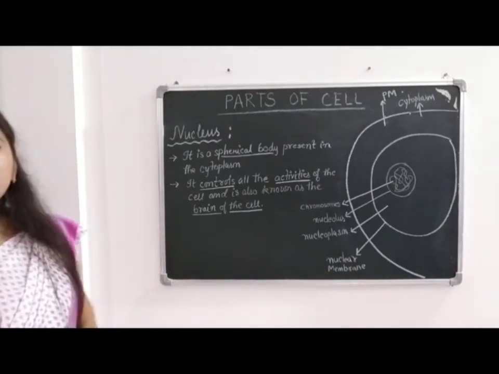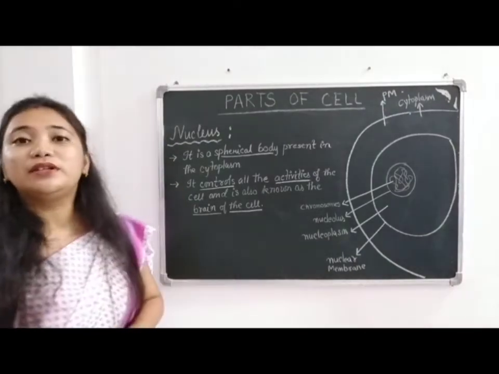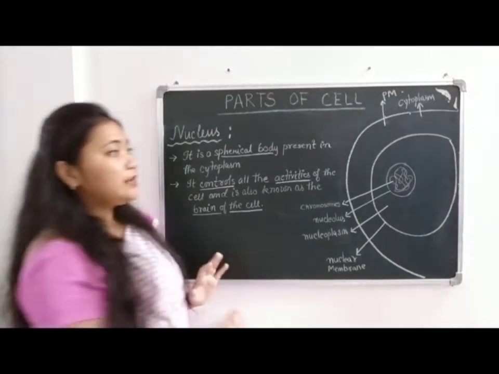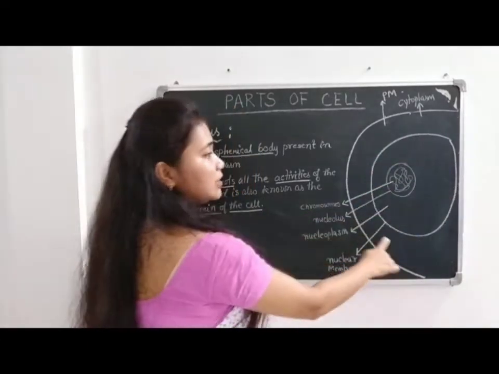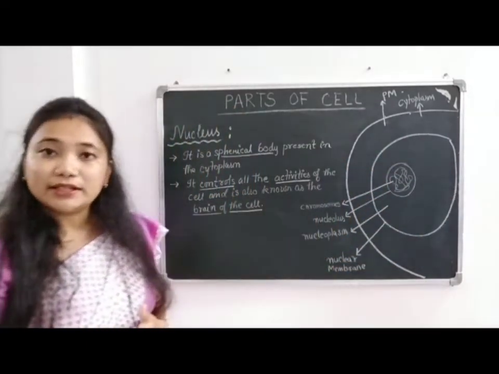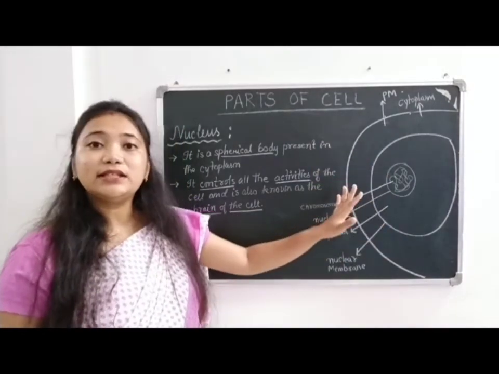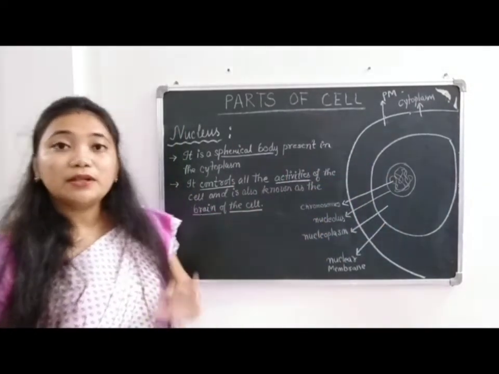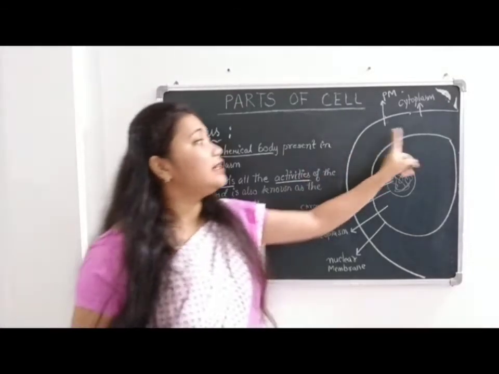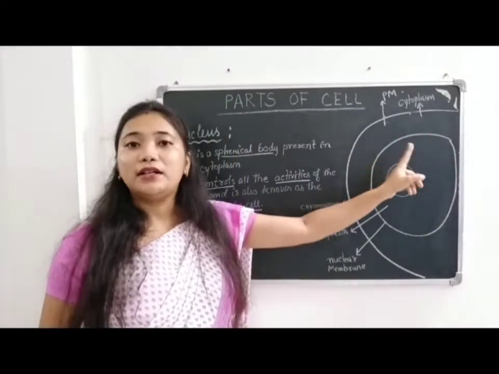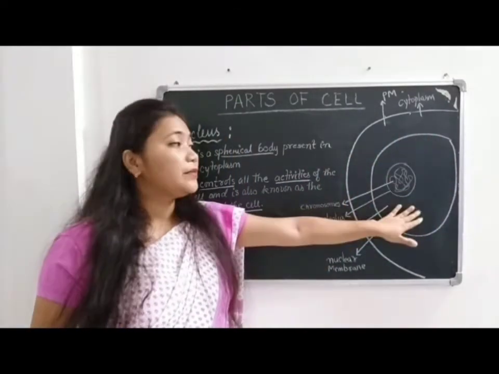So now let's come to the structure of the nucleus. Here you can see this structure, as I have mentioned, this is the nucleus. Now you can see it is separated from the cytoplasm. That means we can see a distinct part called the nucleus.